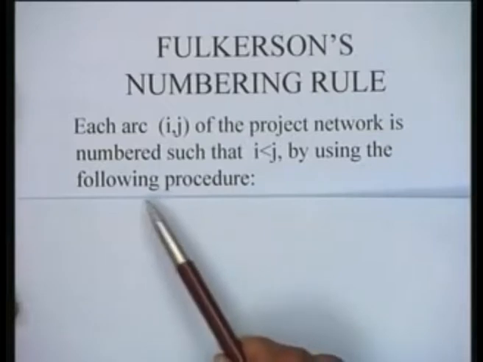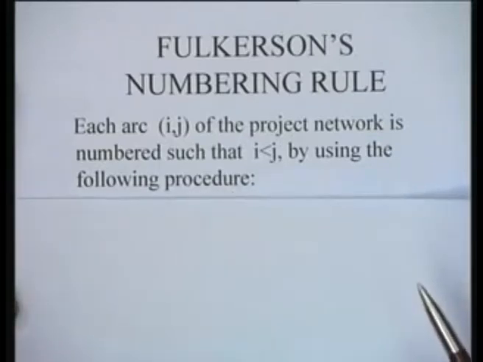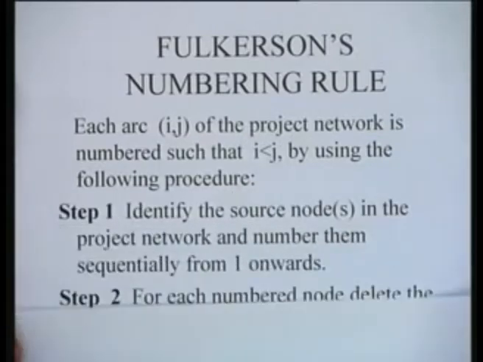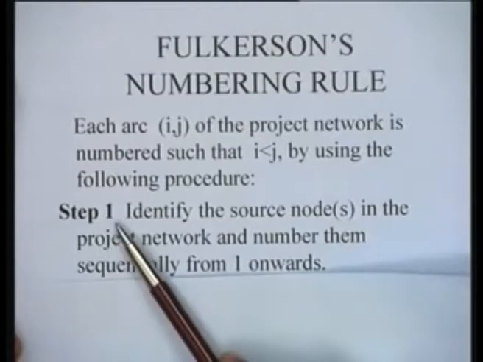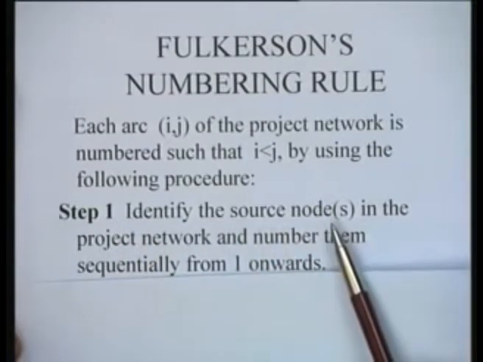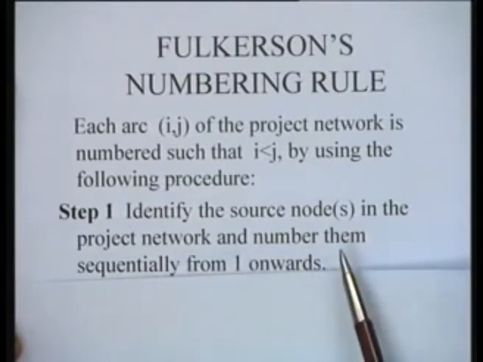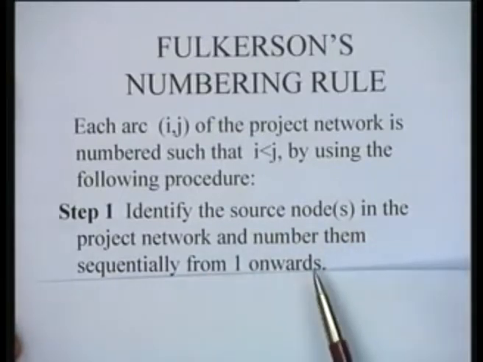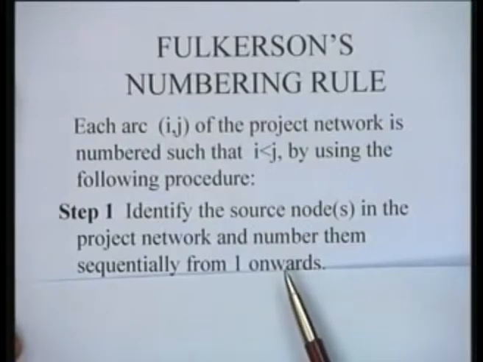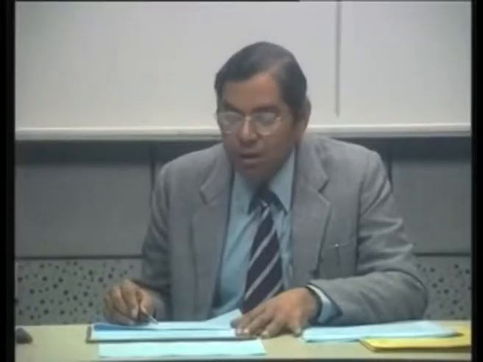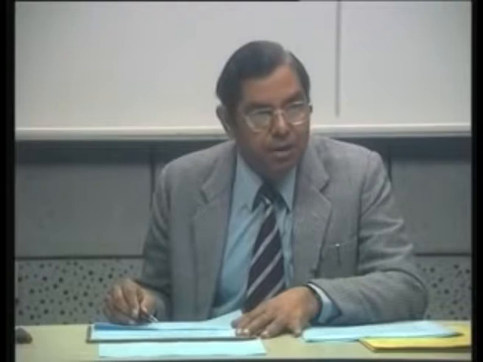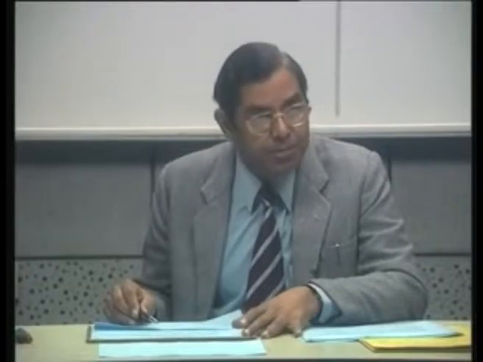And the procedure that is adopted for doing this numbering is as follows. The first step of the procedure is identify the source node or nodes in the project network and number them sequentially from 1 onwards. So, if there are 3 nodes in the network which are sources, you can call them 1, 2 and 3 arbitrarily in any order, it does not matter.